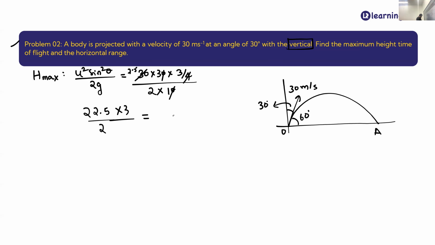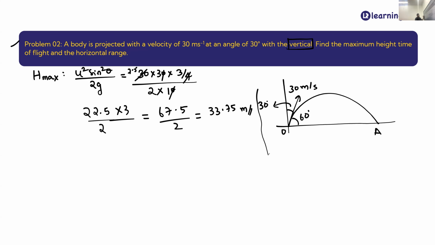So it will be 675. So 67.5, the whole divided by 2. How much is that going to be? We'll get 33.75. So it is going to be 33.75 meter.